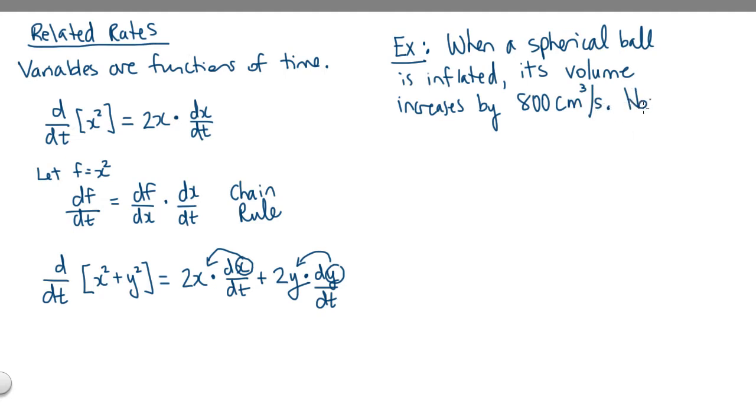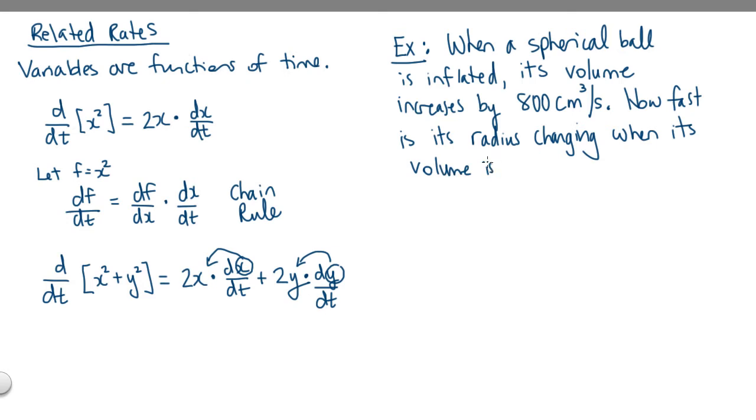We want to know how fast its radius is changing at a particular moment in time. So let's say when its volume is 4,500 pi cubic centimeters.